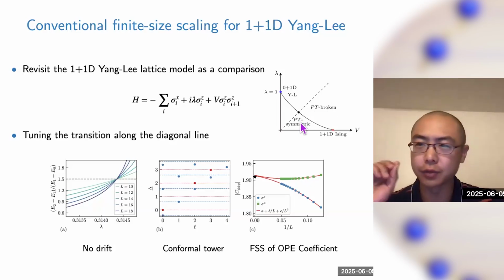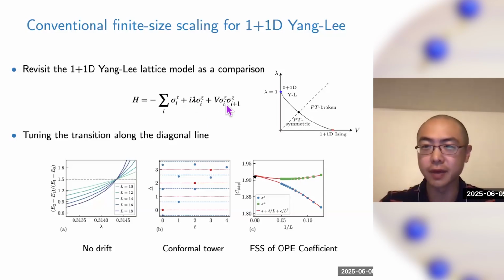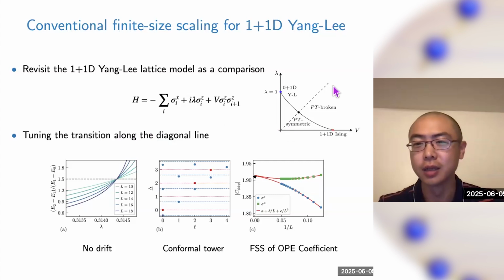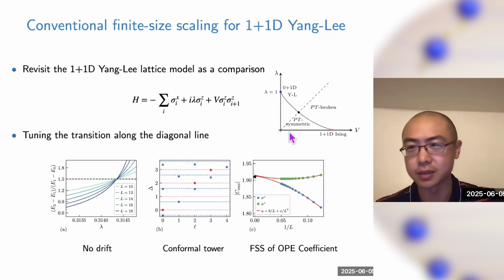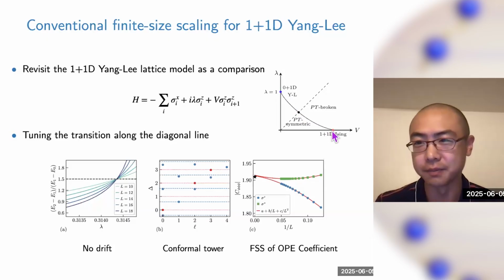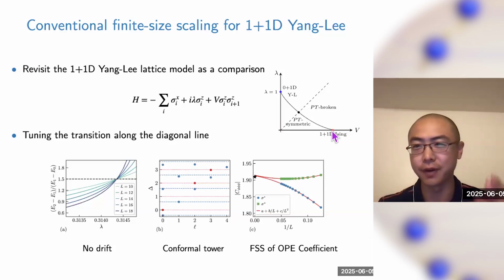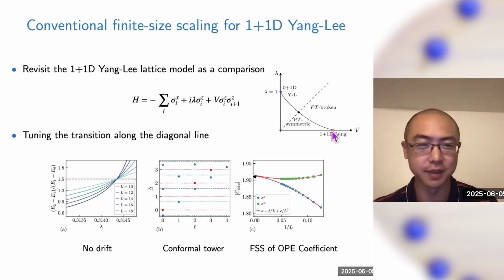You still have to fine-tune the parameters, lambda and v, to minimize finite size correction. And we find that tuning the transition along the diagonal line seems to give you invisible finite size effects, which in hindsight seems to make sense because it's very far from 0+1D Yang and also very far from the 1+1D Ising, far just in the most naive sense.